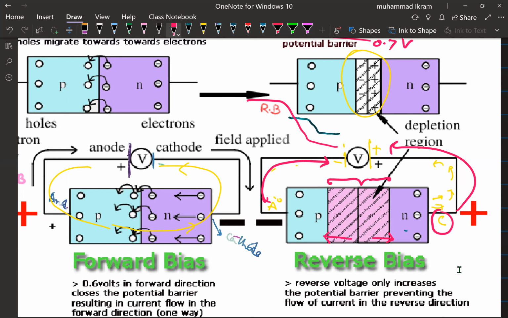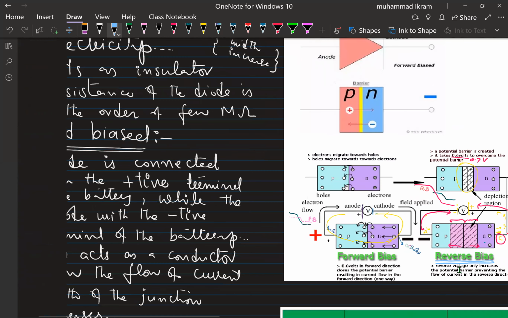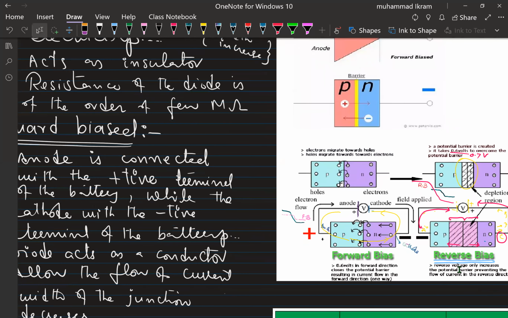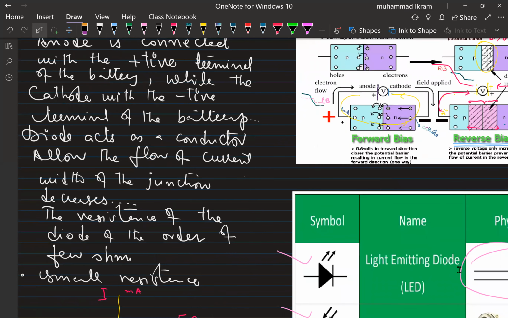The diode is said to be in reverse biased condition. In the reverse biased condition, the diode does not conduct electricity.